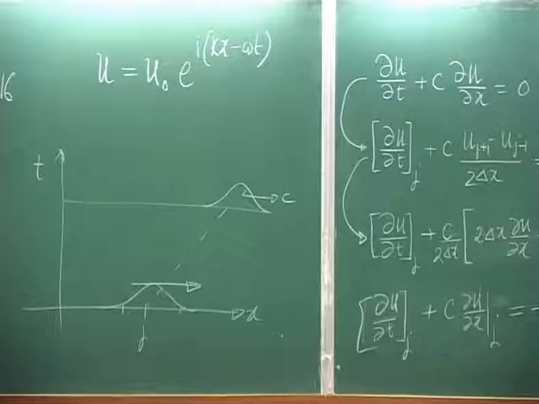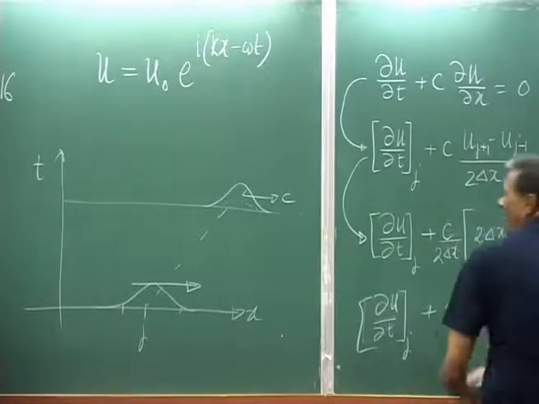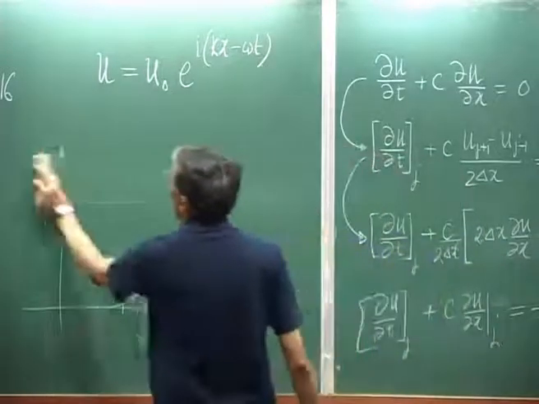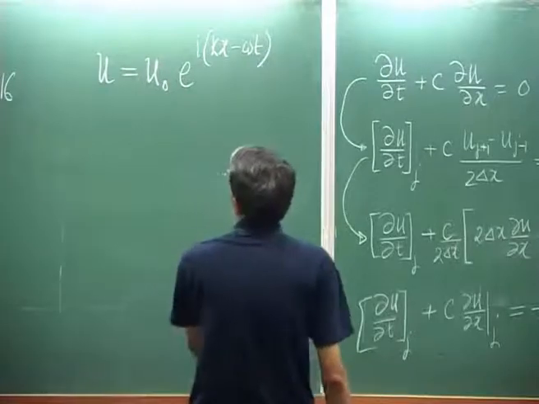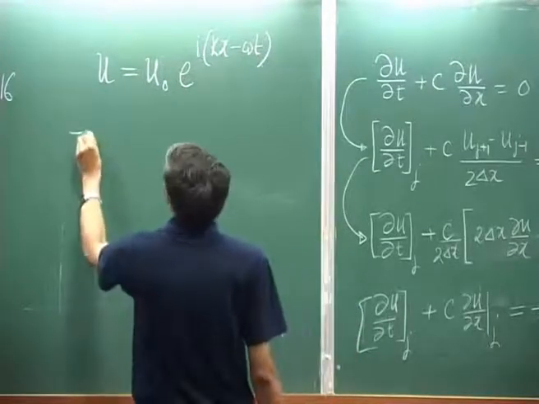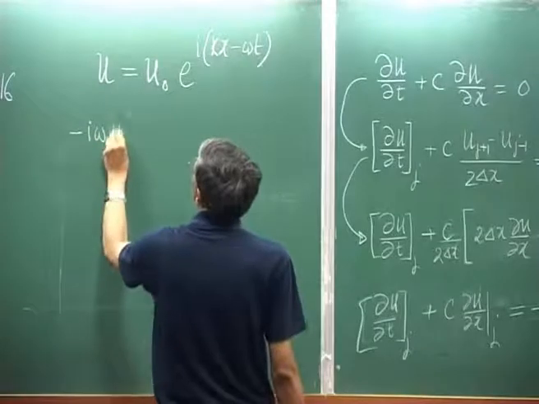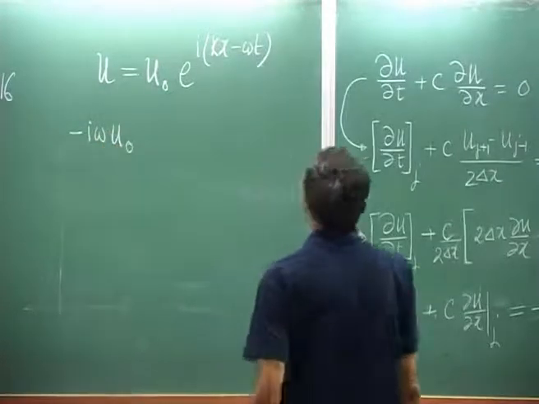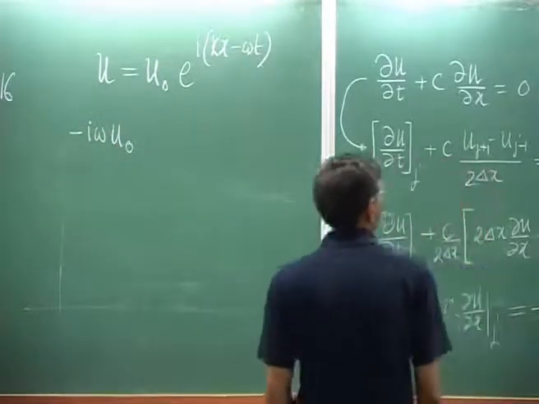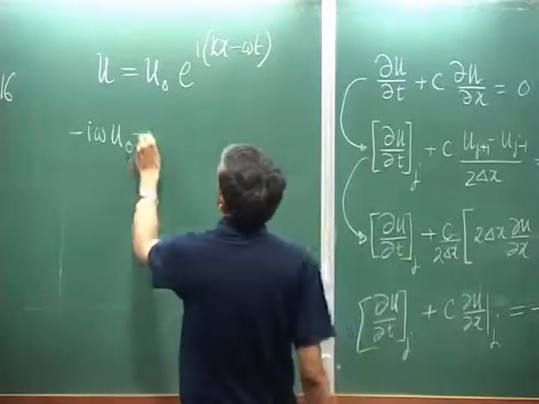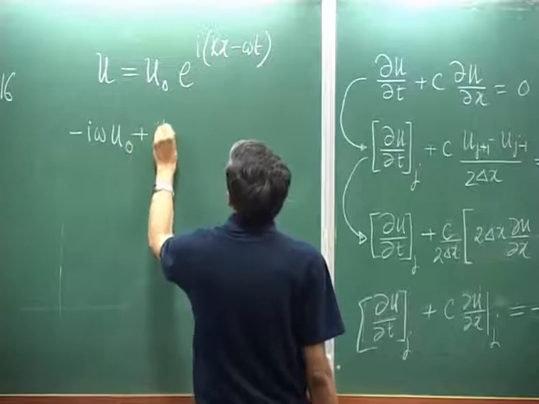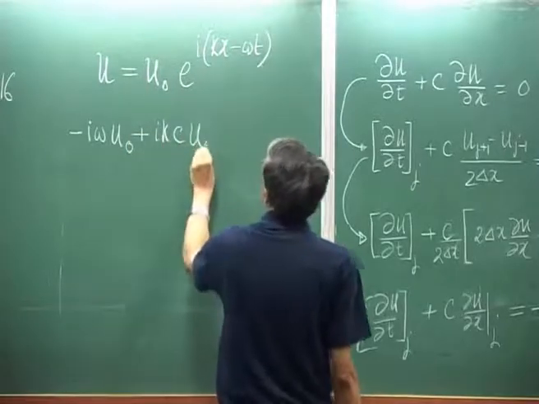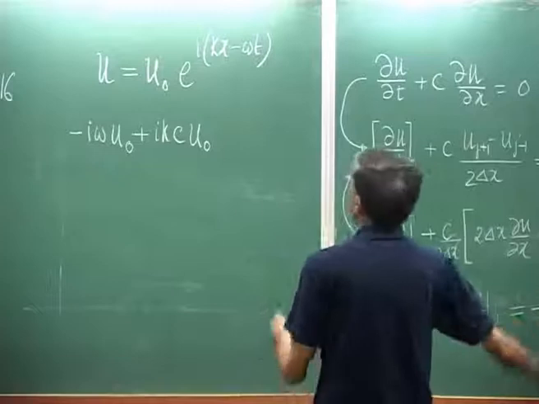That is what we have done for so many days over the last couple of weeks. What I would get then, so the del u del t term will give me I omega u naught. I am omitting the phase part, and this part will give me I k c u naught, and what do I get on the right hand side?